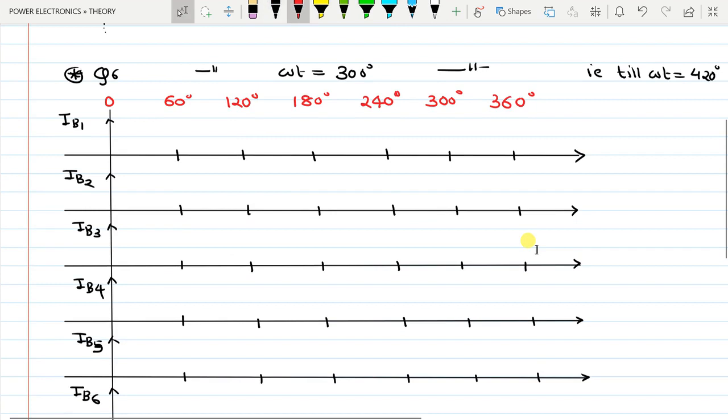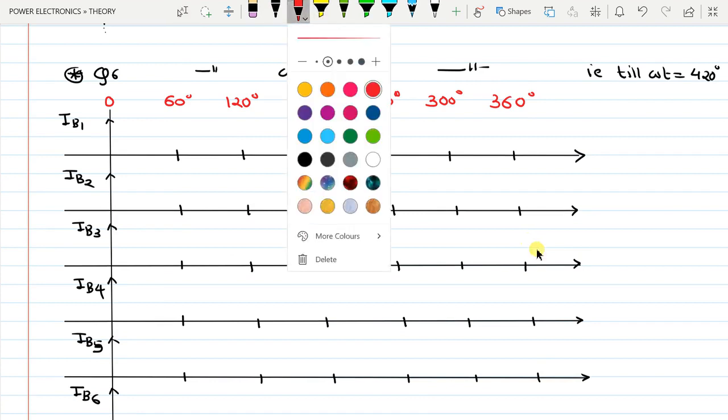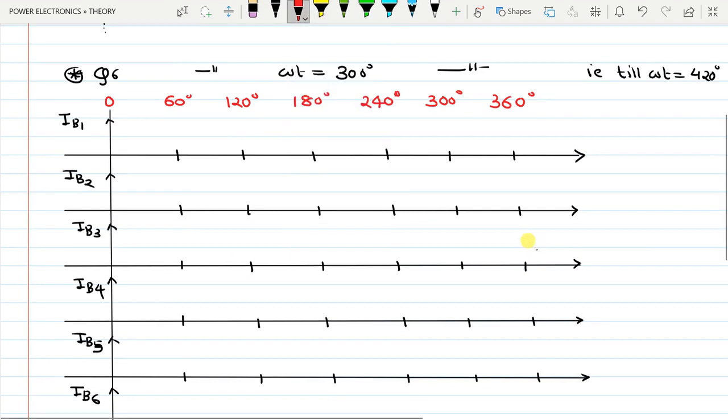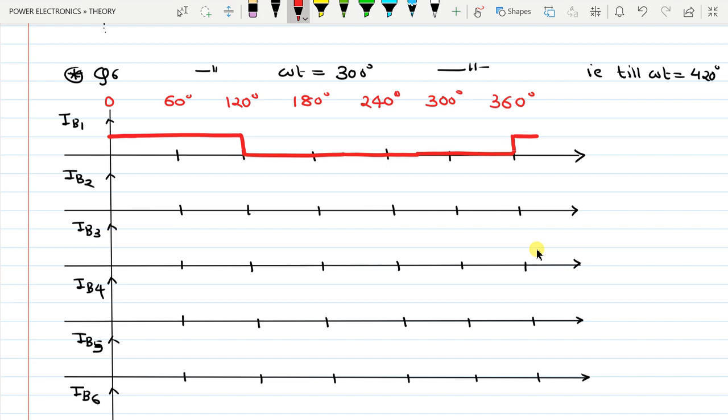Okay, so Q1 will be fired at 0 till 120, and from 120 till 360 there will be no firing waveforms. Sorry, it will be from 0 to 120, and from 120 to 360 there is nothing. IB2, it will be delayed by 60 degrees compared to IB1.